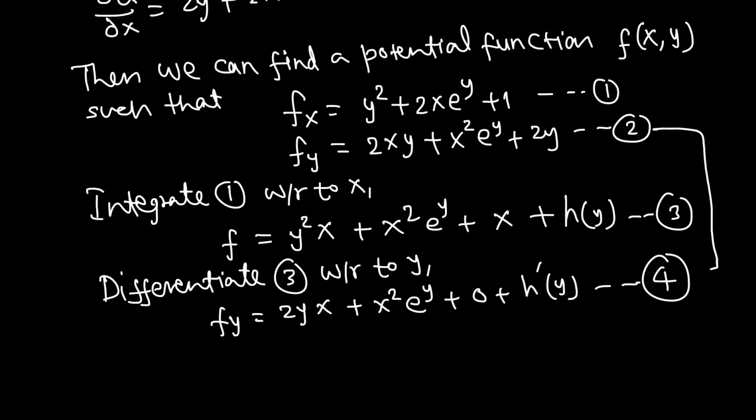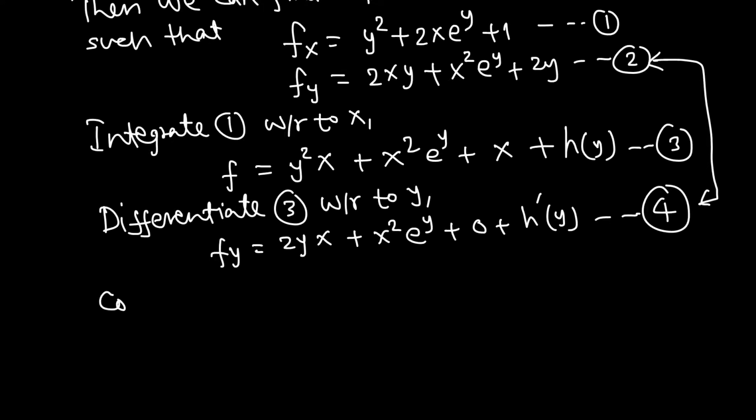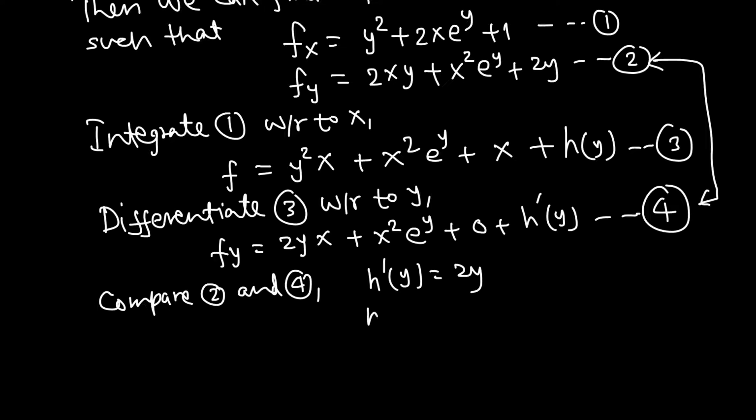Now let's compare 2 and 4. Left-hand sides are the same, 2xy, same thing here, x squared e^y, same thing here, 0 does not count, so 2y is the same as h prime of y. We get h prime of y is 2y. Integrate with respect to y, then h is a function of y.